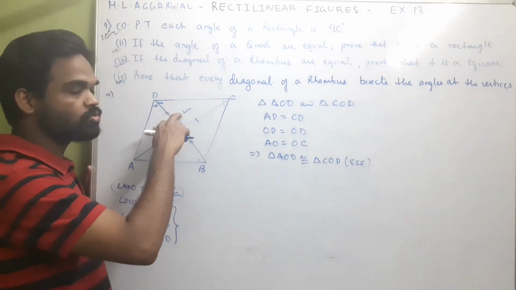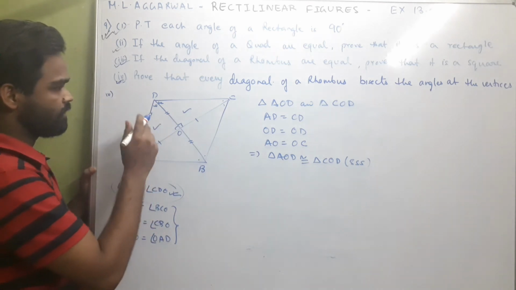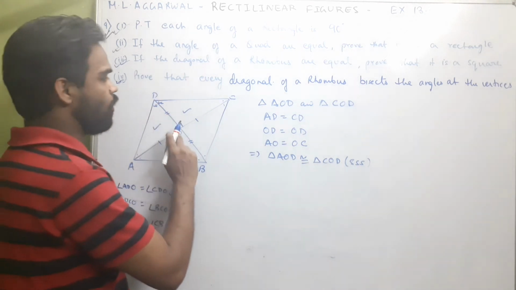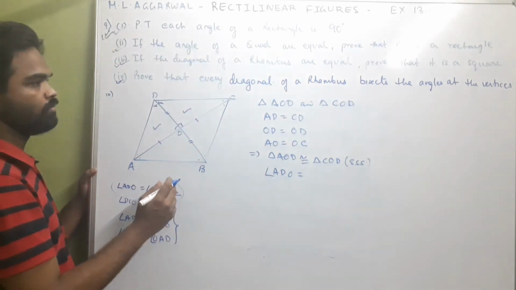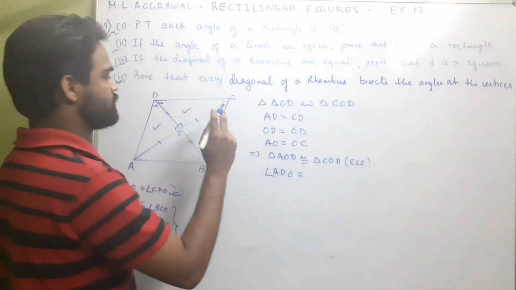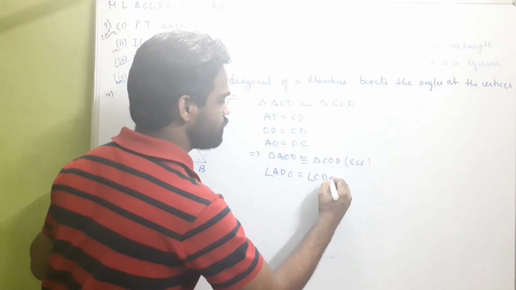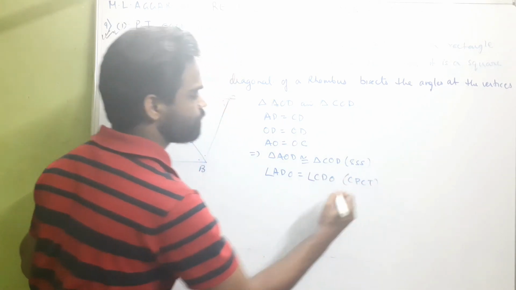Now once these two triangles are congruent, angle ADO will be equal to angle CDO, that's CPCT.